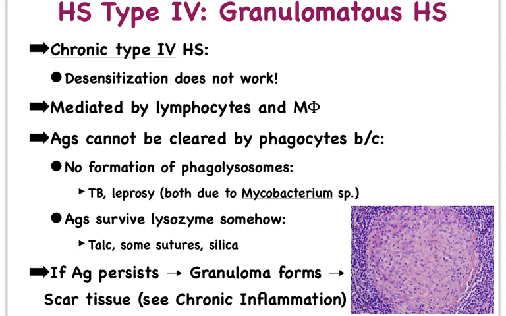And what's interesting is that desensitization does not work. We can desensitize most of the other hypersensitivities by treating people in various ways, but that is not possible in this case. So the problem here, or what makes this a chronic form of hypersensitivity, what creates the granulomas, is that literally the antigens cannot be digested by means of phagocytosis.